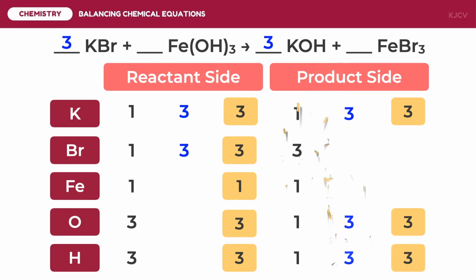And lastly, 1 mole of iron 3 bromide gives us 1 atom of iron and 3 atoms of bromine. Therefore, our coefficients are correct.